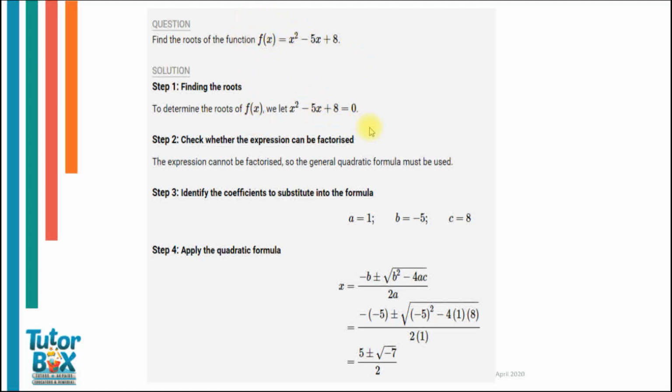First, check whether the expression can be factorized. If you can't, then you have to use the general quadratic formula. So a here is 1, b is minus 5 and c is 8. You put everything in your quadratic formula and you should get that there. Remember you have the two roots, the one with the plus and the one with the minus.